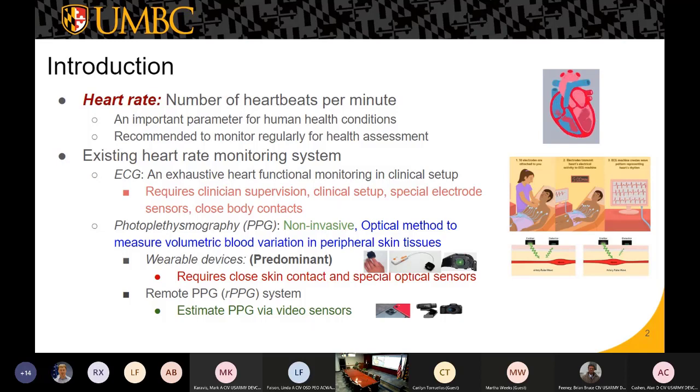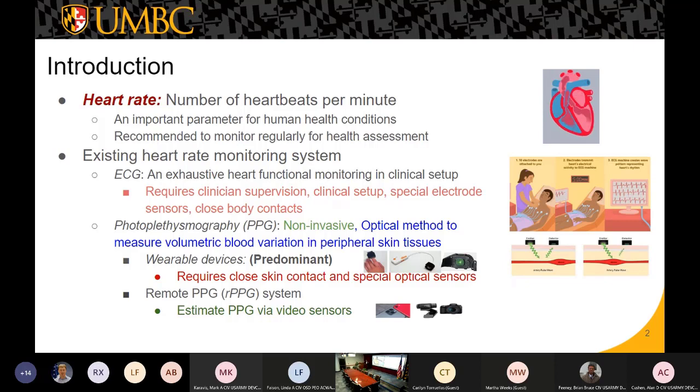There are two major lines of research. One is wearable devices like Apple Watch or PPG sensors. We see them in medical use when they put a clip on the fingernail and get the heart rate. Another interesting line of work, first discovered by Verkruysse in 2008, is that we can also measure heart rate without a contact setup.